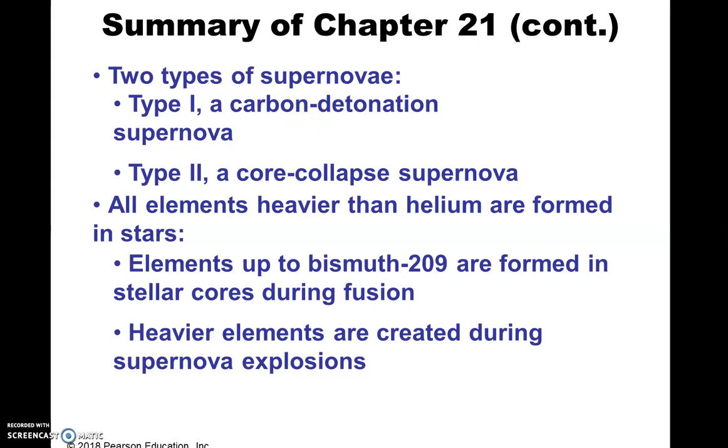If enough material falls onto this, so the total mass of the star plus new material that's falling onto it exceeds 1.4 times the mass of the sun, which is also known as the Chandrasekhar mass, then the star cannot hold itself up due to electron degeneracy pressure, which is pushing back on, trying to prevent the star from collapsing in on itself.